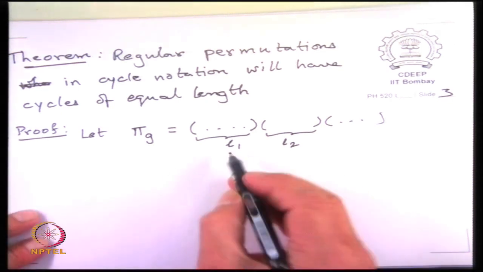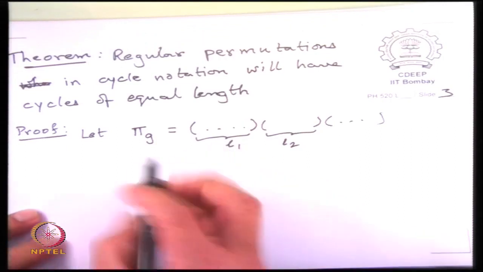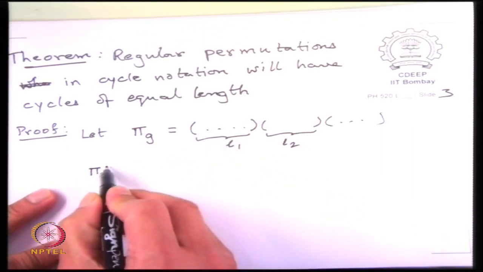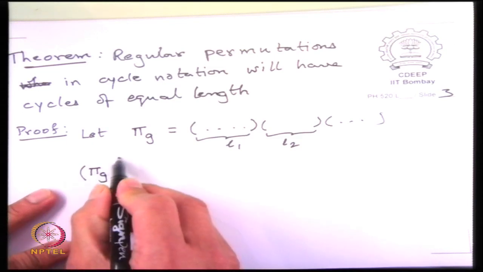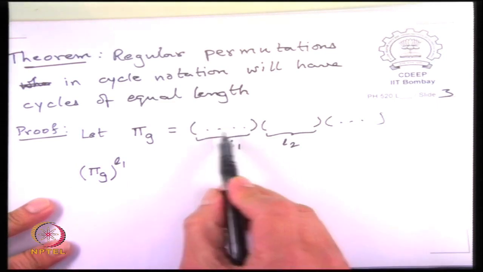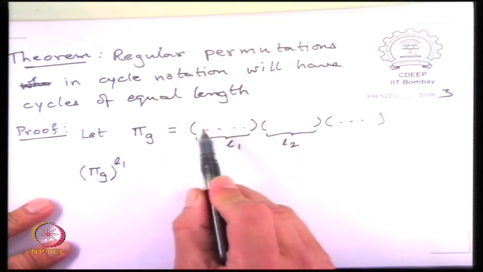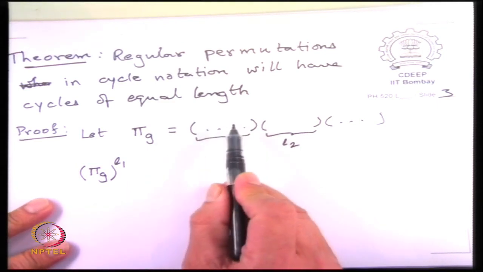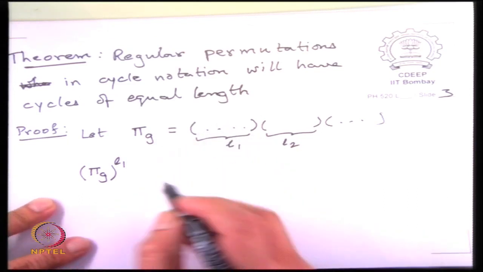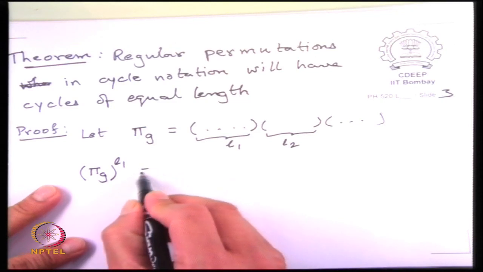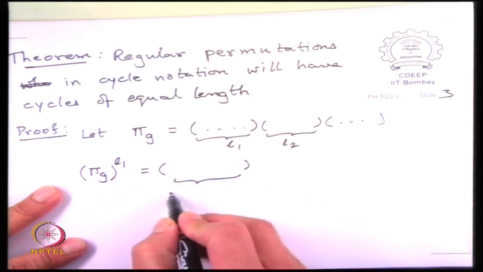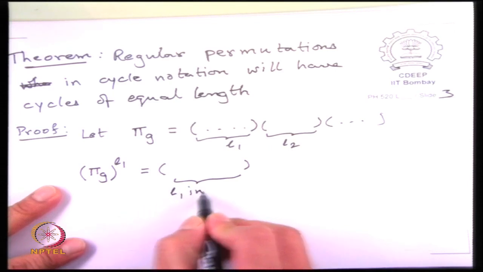But now the point is, if I raise this pi G to the power L1, then this cycle will have cycled through L1 times and will have returned to the original configuration. So it is equal to this, the first L1 in original config.